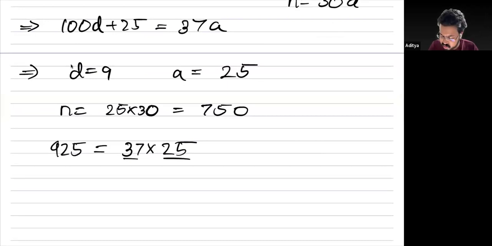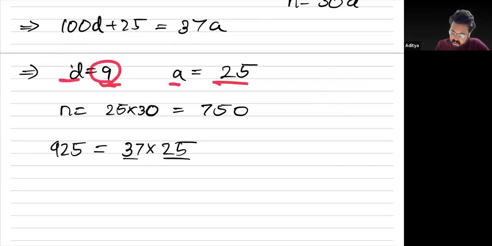The way to do this, I would suggest, is write 37, then 74, then 111, and keep going like this. At some point, you will hit the proper value. Or you can preemptively divide 100 by 37, take the remainder, and then keep changing values of d such that 26d plus 2 becomes divisible by 37. That might take long. Eventually you will get that d has to be 9 and a is 25, and you get your answer.